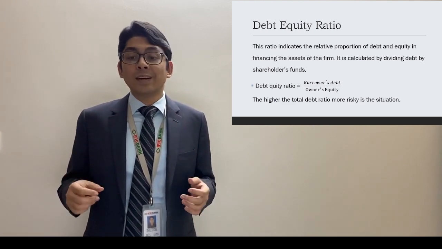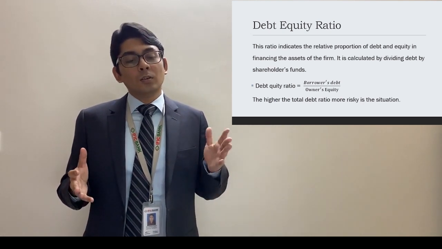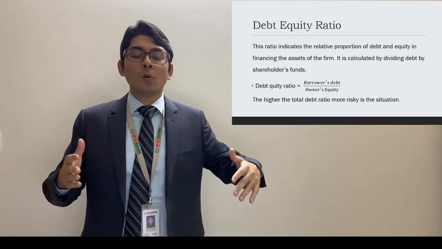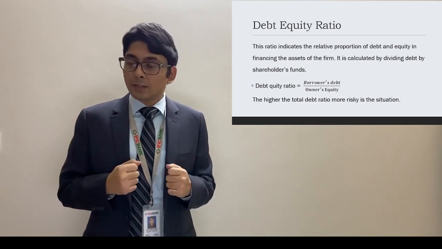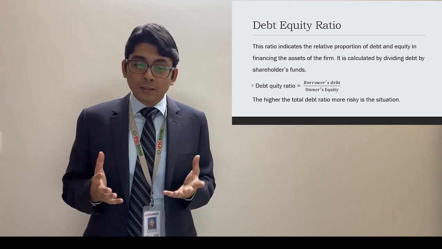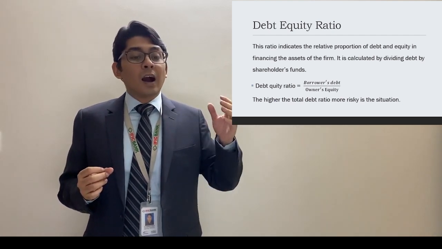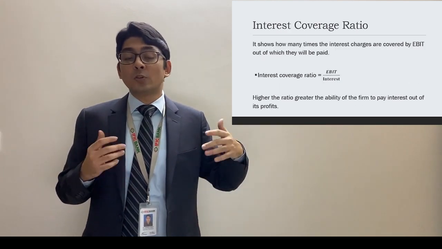It is calculated by dividing debt by shareholders' fund. Simply, debt equity ratio equals borrowed debts divided by owner's equity. And what you can get from that is that the higher the total debt ratio, the more risky is the situation.